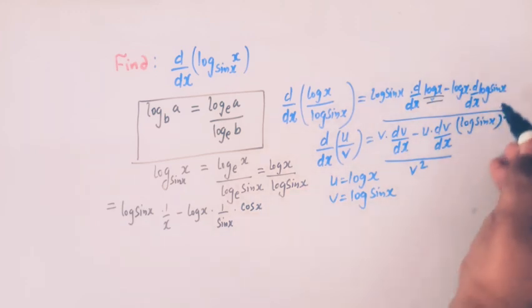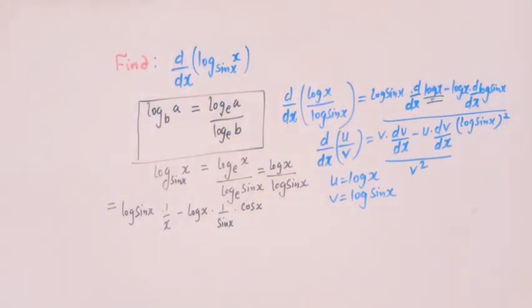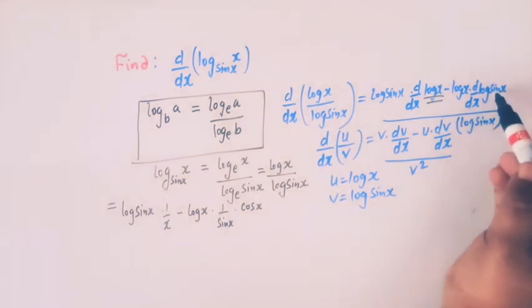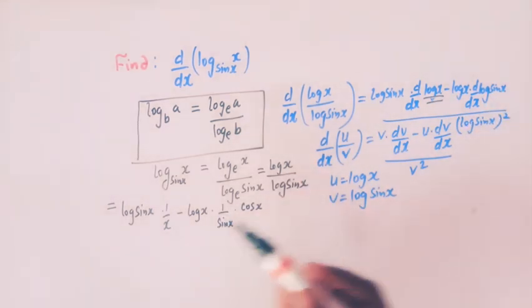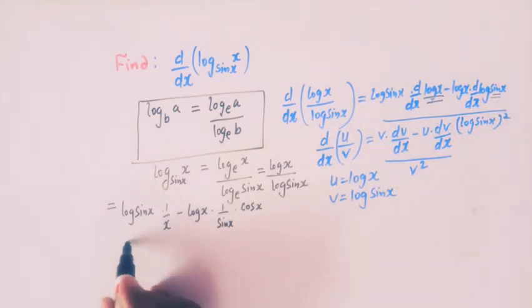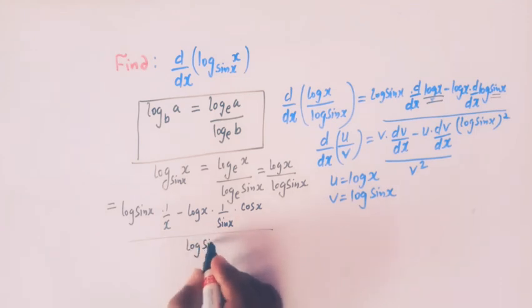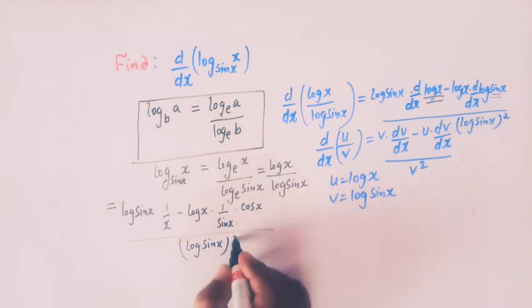To differentiate log sin x, we have used the chain rule. First we have 1 over sin x, then the derivative of sin x is cos x, and in the denominator we have the square of log sin x.